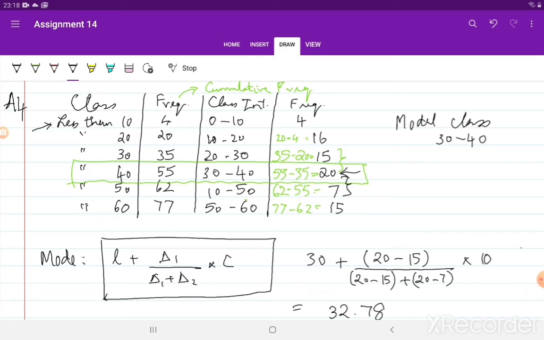However, from our observation that the gap between the upper limits of all other classes is constant and equal to 10, we have assumed that even the first class will have a class width of 10 units, which is why we have assumed it to be 0 to 10. If we make this assumption that the lower limit of the very first class is 0, then we can proceed to calculate the arithmetic mean using the frequency values that we have calculated in the last column.